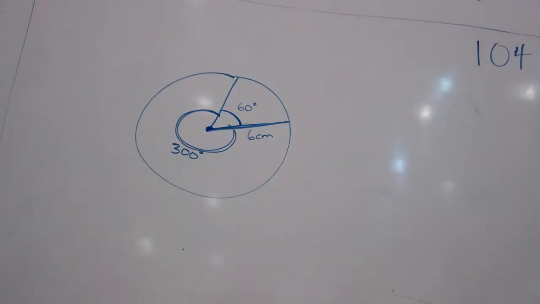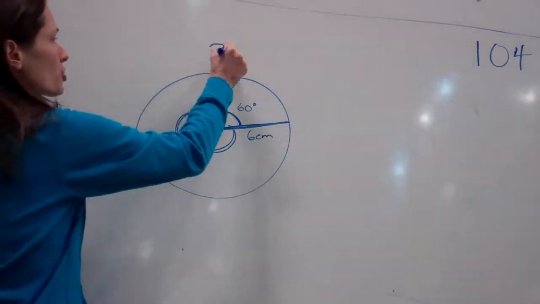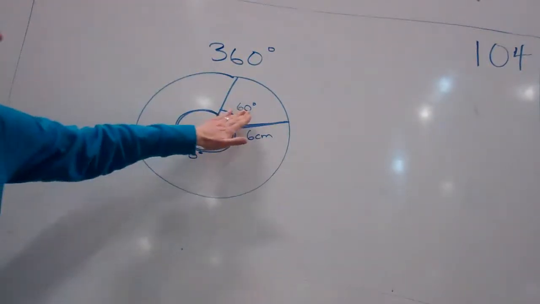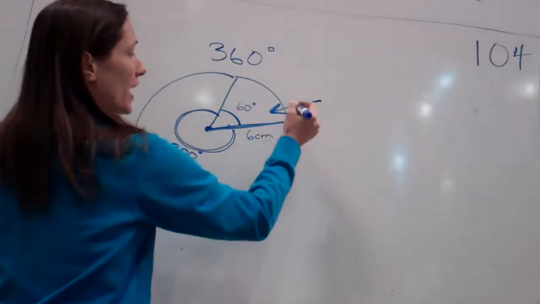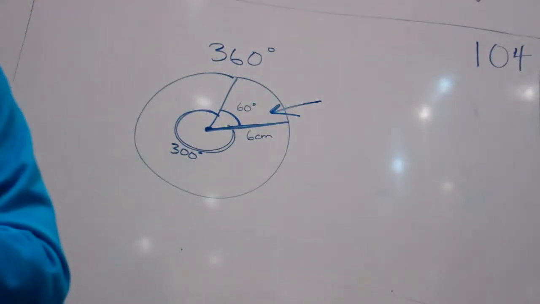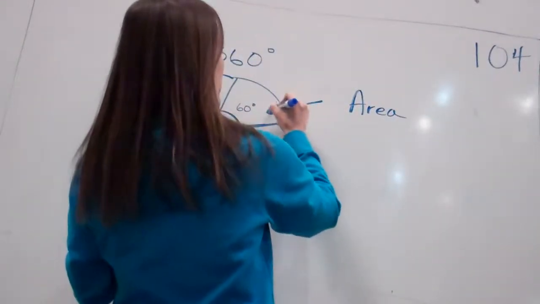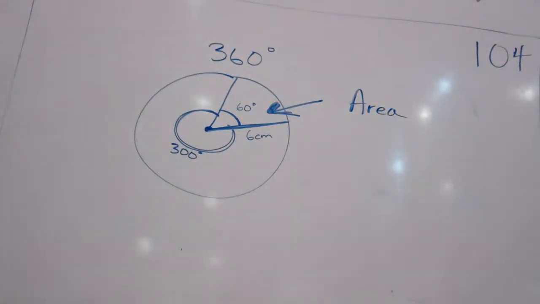Okay. Now, if this whole circle is 360 degrees, they're wanting me to find the area of this section of the circle. Stay with me, okay?